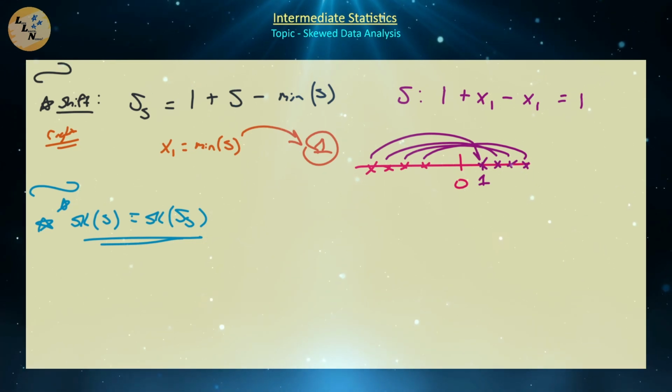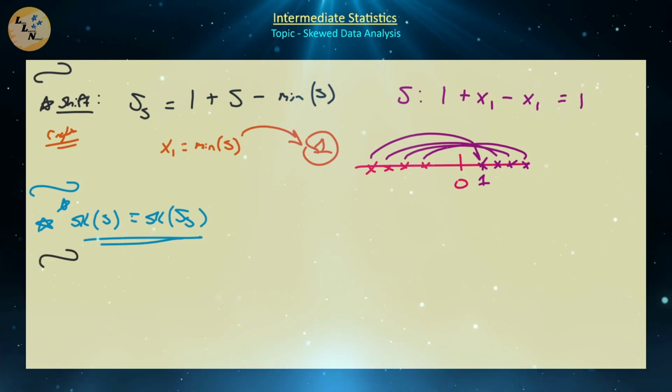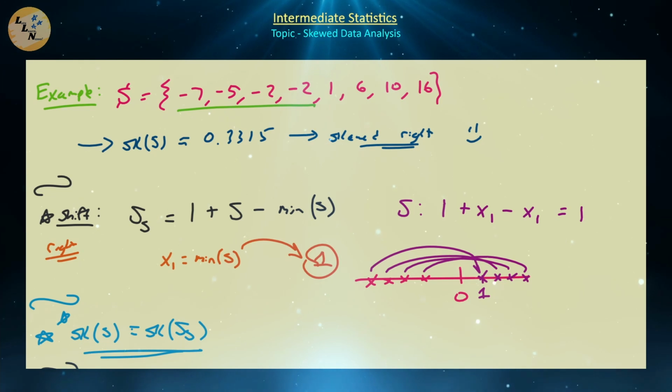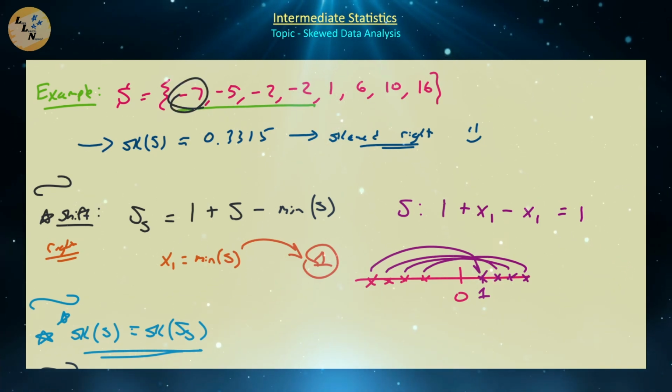That's actually not too difficult. So the shifted version of S via this transformation, 1 plus S minus the minimum of S, where the minimum is going to be equal to negative 7. So minus negative 7, that's going to be plus 7.